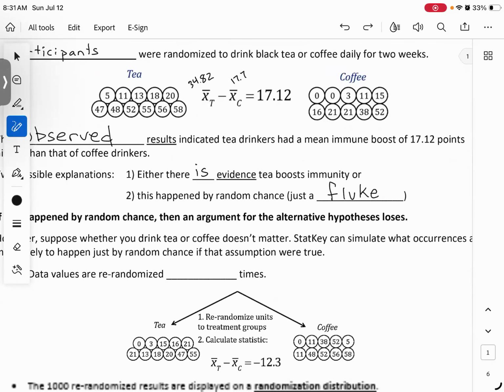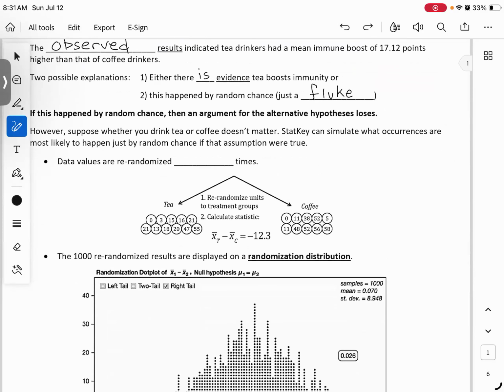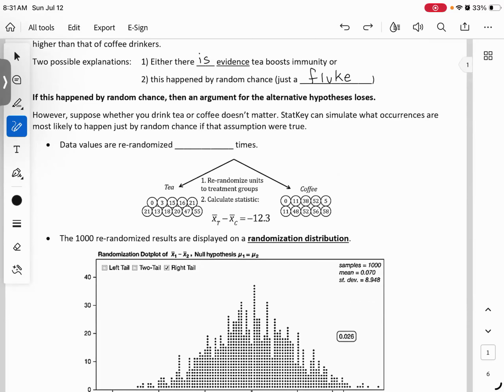So the way that the argument goes, or the way that we can show, let's suppose that we are on the side of T in which we want to have evidence that it was not a fluke. You could actually do the study again, repeat it with a brand new group of participants, tea versus coffee.